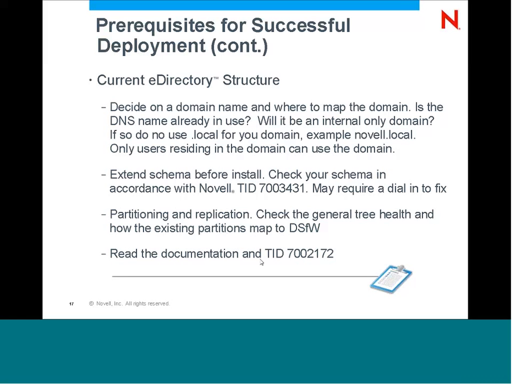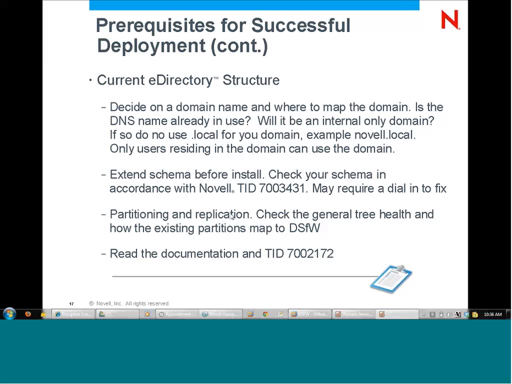I do have a TID with a workaround for DNS that allows it to make a true DNS query for a .local name. But again, don't use a .local. Use something like .internal or .int if you have an internal domain that you're setting up.